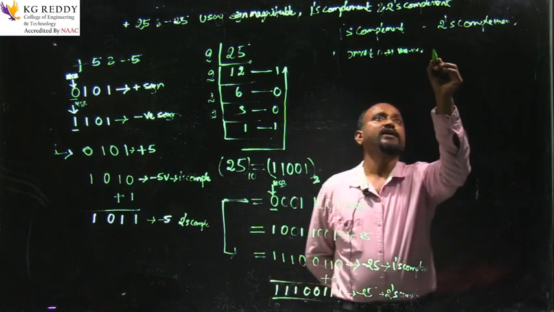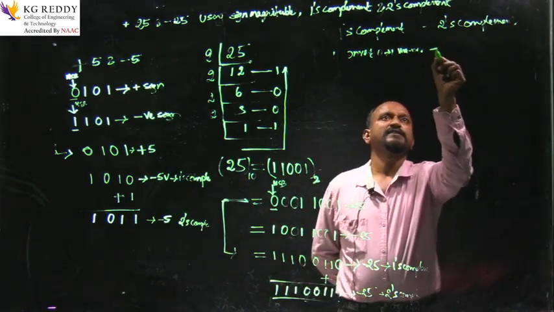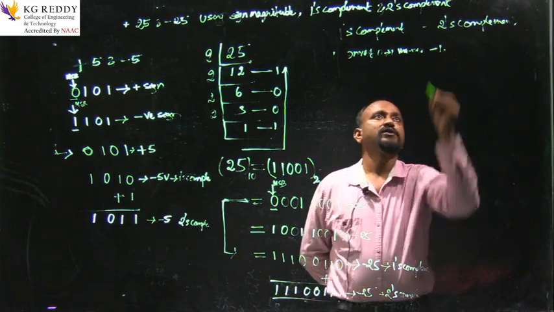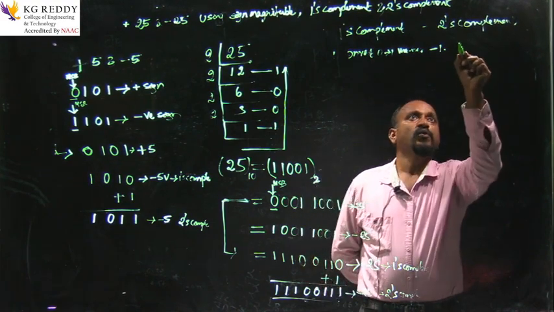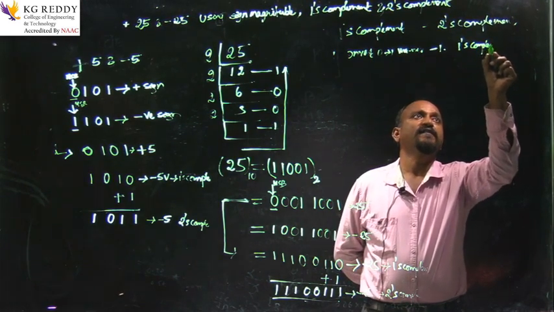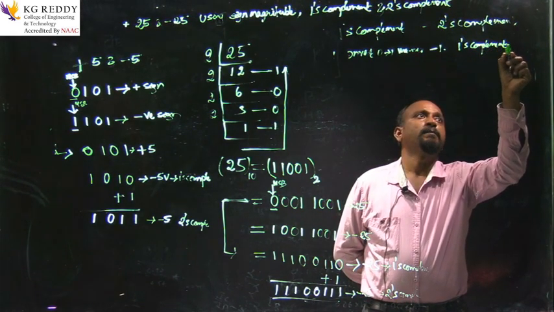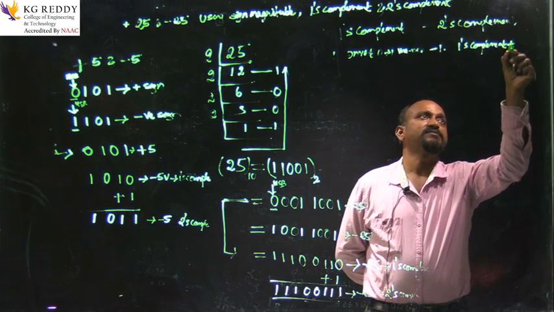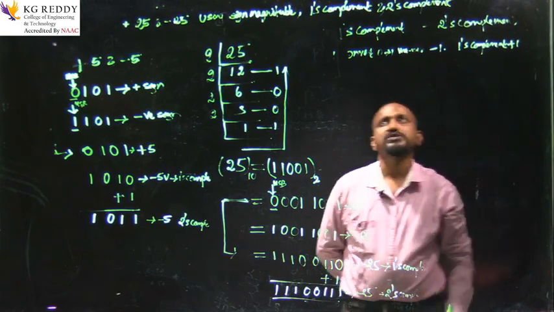What about twos complement? Twos complement means ones complement plus 1. Ones complement plus 1 is the twos complement.